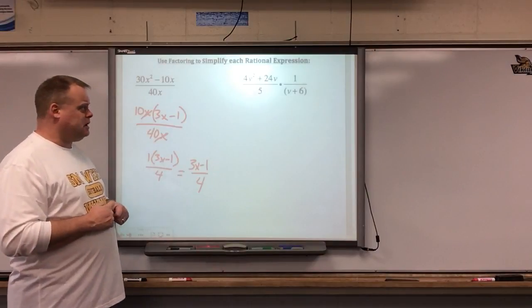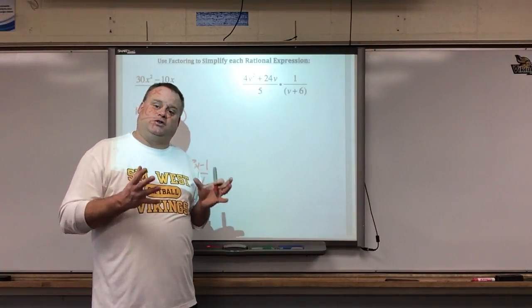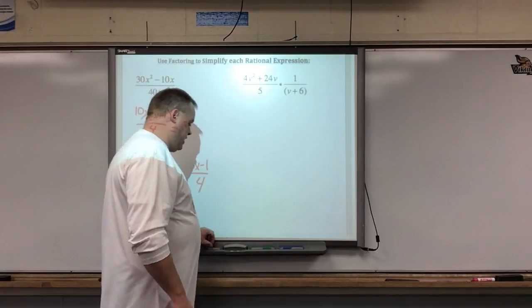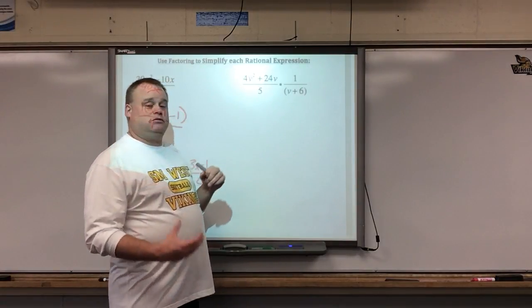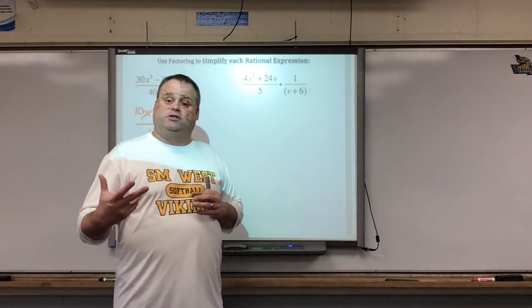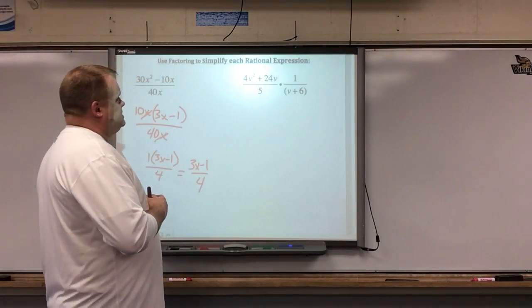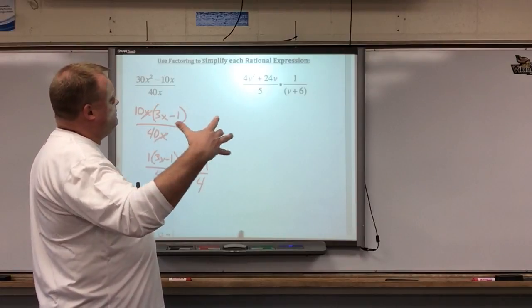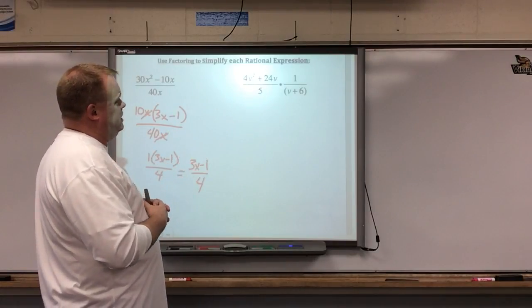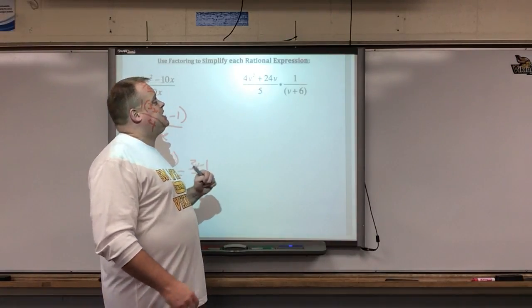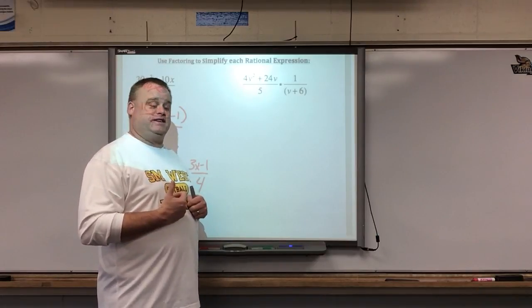All right, so let's move into the crux of what we're doing today, okay? And that is, I'm going to have rational functions, and I'm going to multiply them to one another. So if I look at this, the first one, I've got 4v squared plus 24v all over 5, and that's times 1 over v to the 6th.